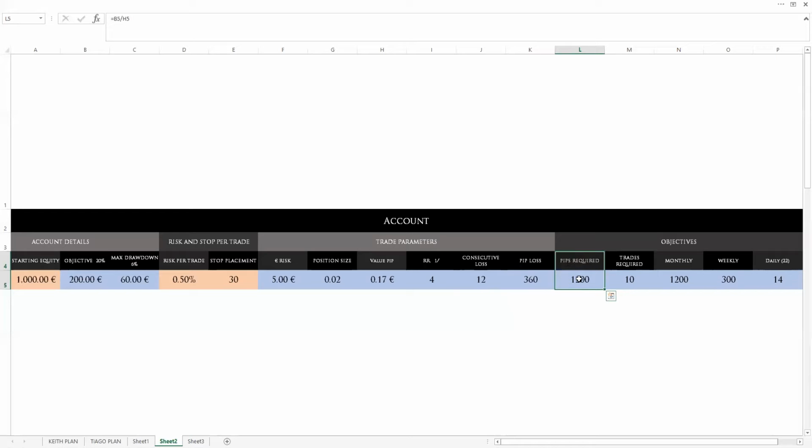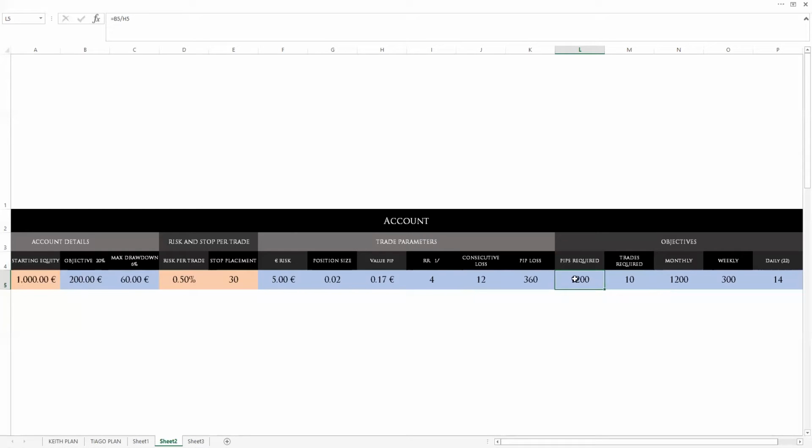So if I have to make 1,200 pips, and my strategy usually gets me a win of 1 to 4, if I had close to a 100% win rate, I would require only 10 trades to achieve that 20%.